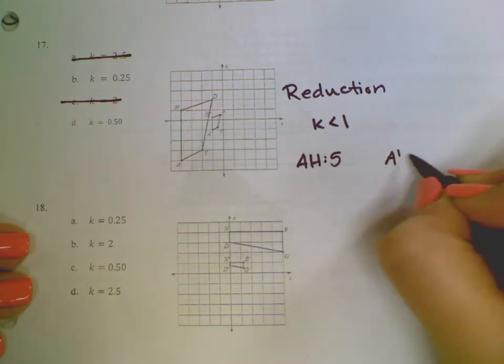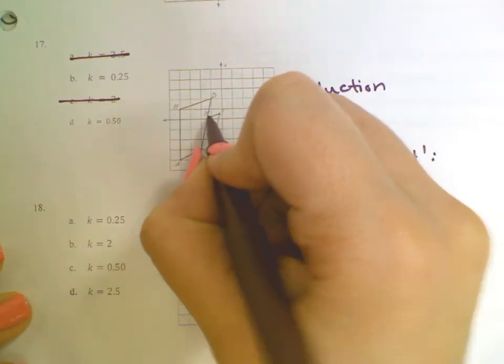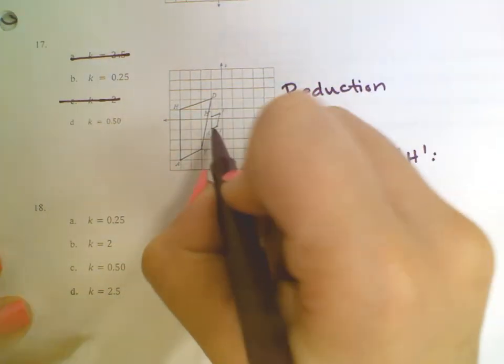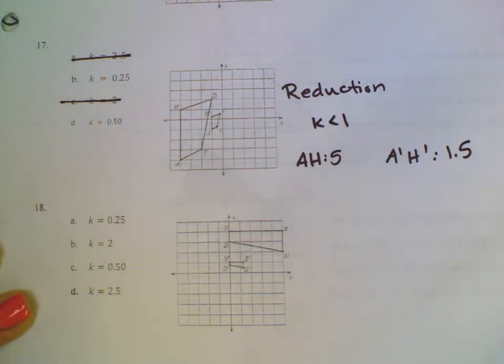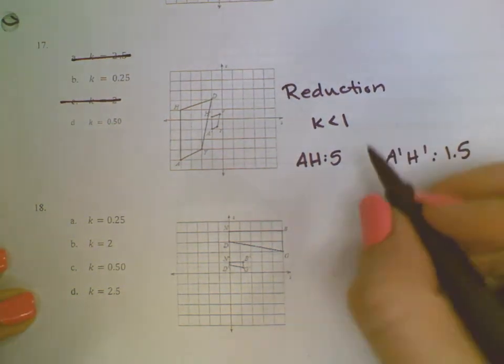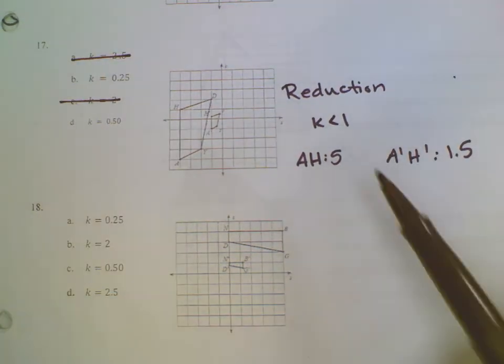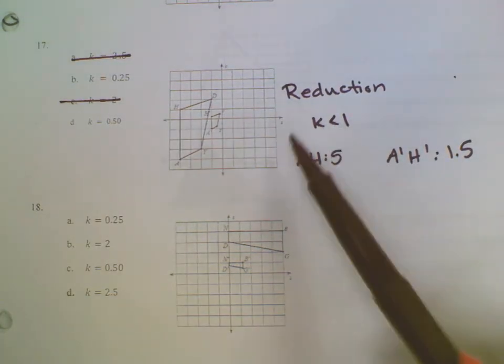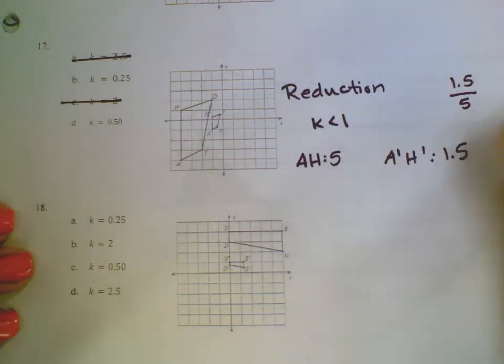And A prime, H prime is 1.5, it looks like. So then from there, again, we're going to do the image over the pre-image, or if we're doing a reduction, that means a smaller number has to be on top, so I can do 1.5 over 5.